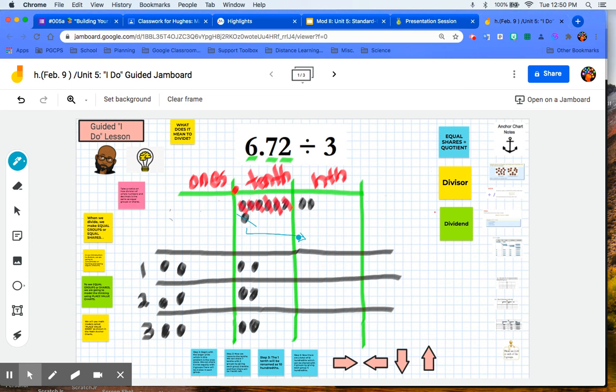But when you transfer it over, you break it up. Whenever you bring it over in place value, remember, it's always times 10. So now the one that you bring over, you break it up into 10.